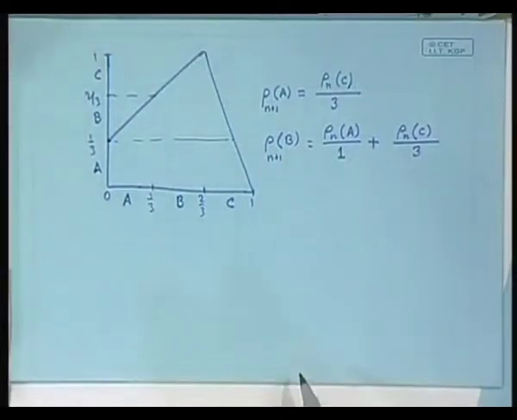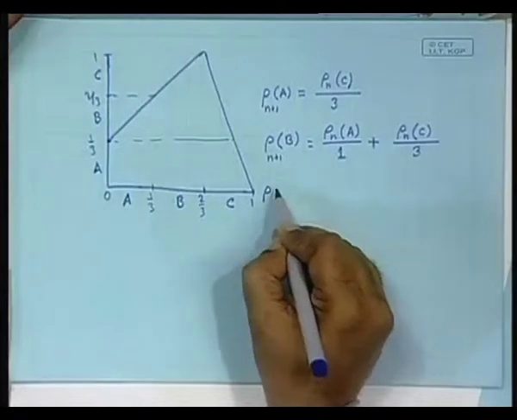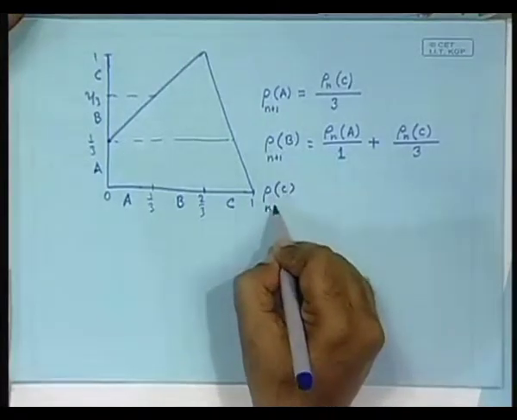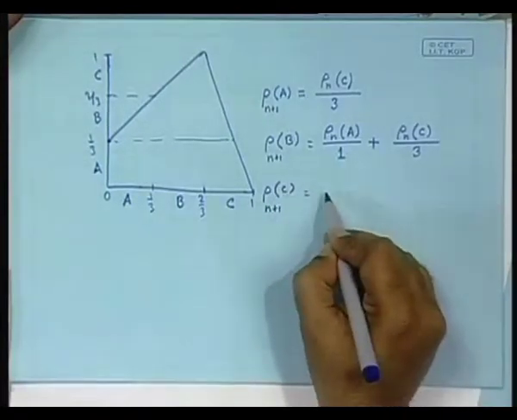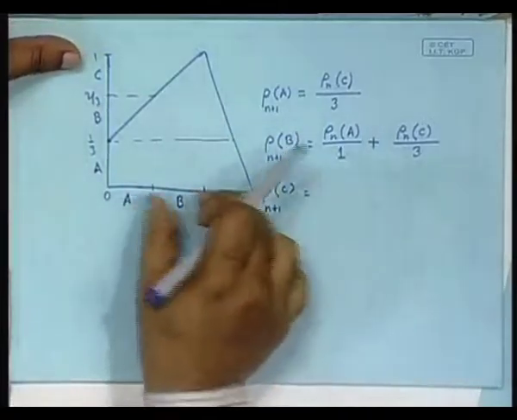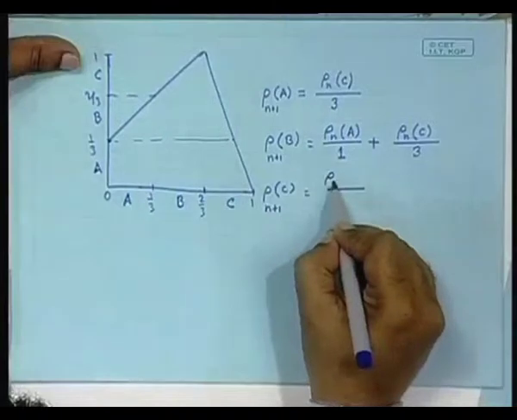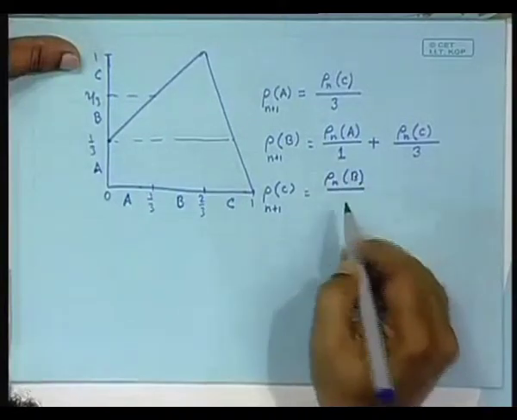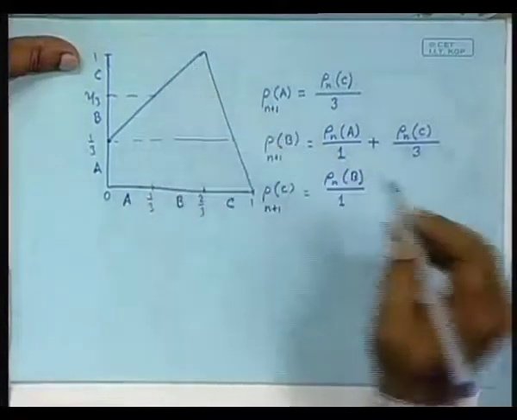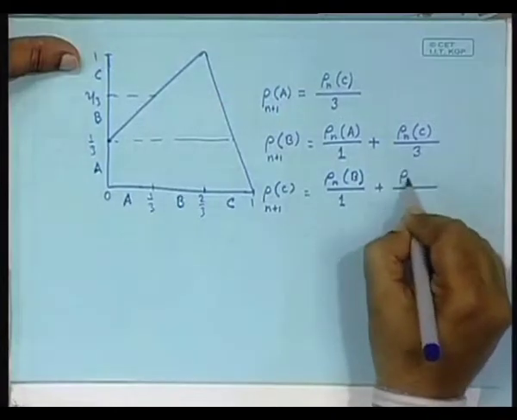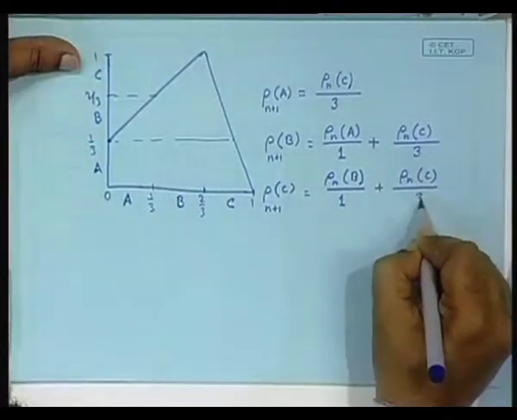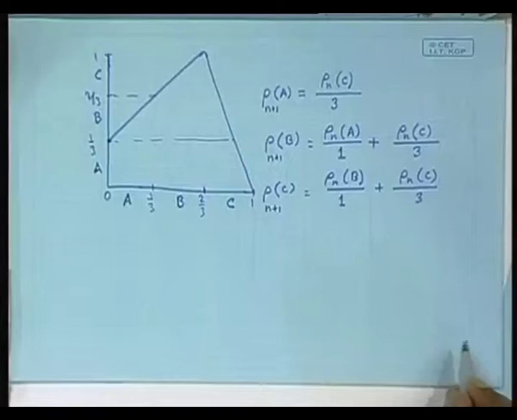All right. Similarly, rho of C in the n plus 1th iterate, where does it come from? B and C. So rho n of B divided by 1, because the slope here is 1, plus rho n of C divided by 3. So what essentially you are doing, if you sum all these up, it will be more than 1, because you are adding rho n C by 3 twice.